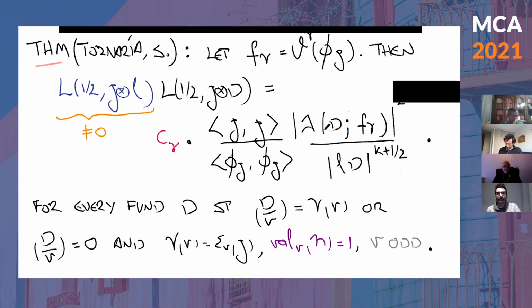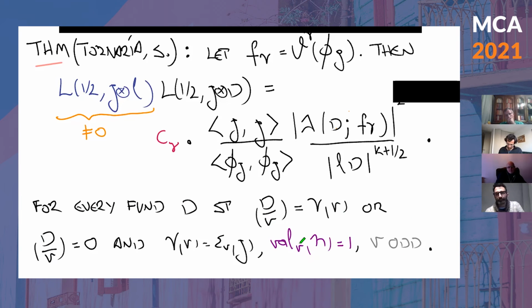This is going to hold for those fundamental discriminants of type gamma, which means the quadratic conditions on the primes dividing the level and the intermediate primes are determined by the function gamma, and we are able to prove this for discriminants which are not prime to the level under some conditions.